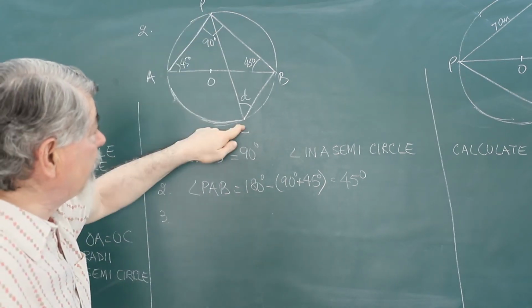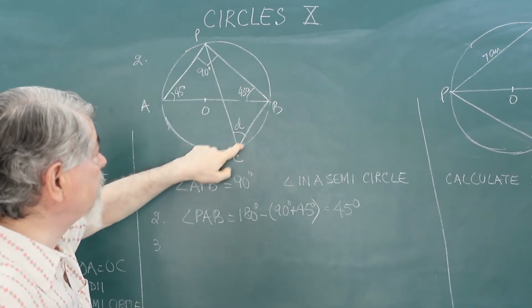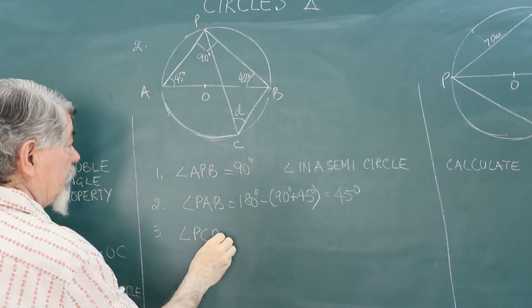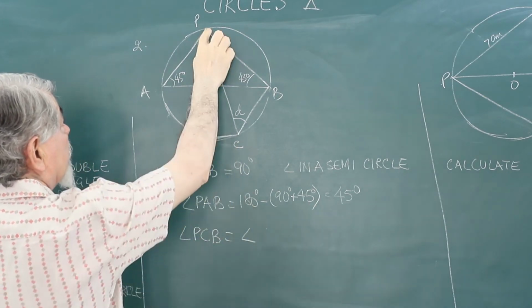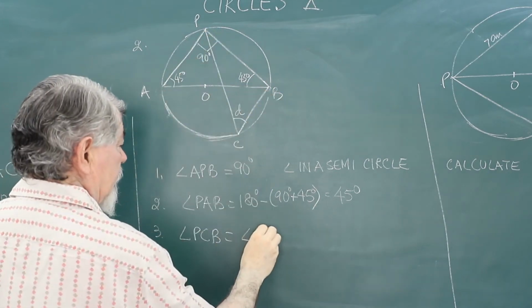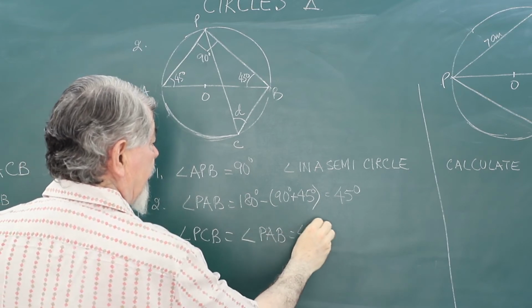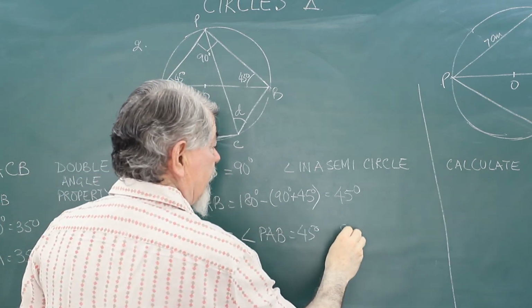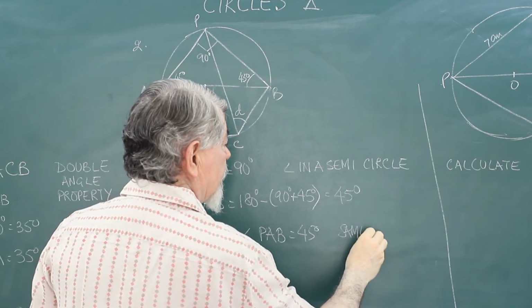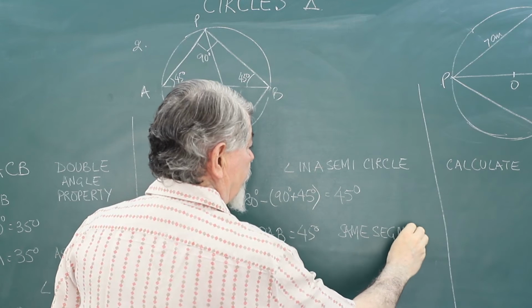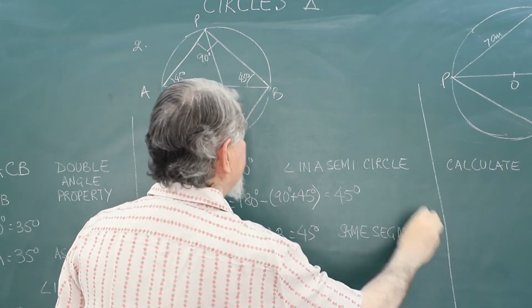Now I have to find angle D, this angle PCB. I would say angle PCB will be equal to angle PAB, which is equal to 45. Same segment. Angles in the same segment of a circle are equal. And we must see what is the same segment.